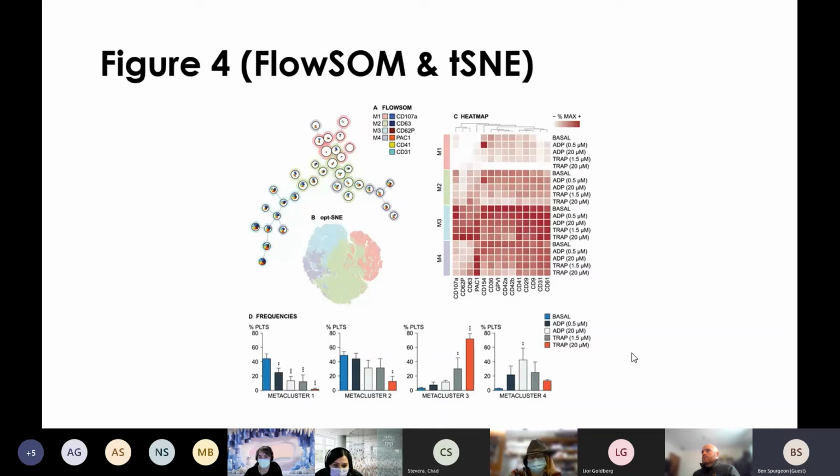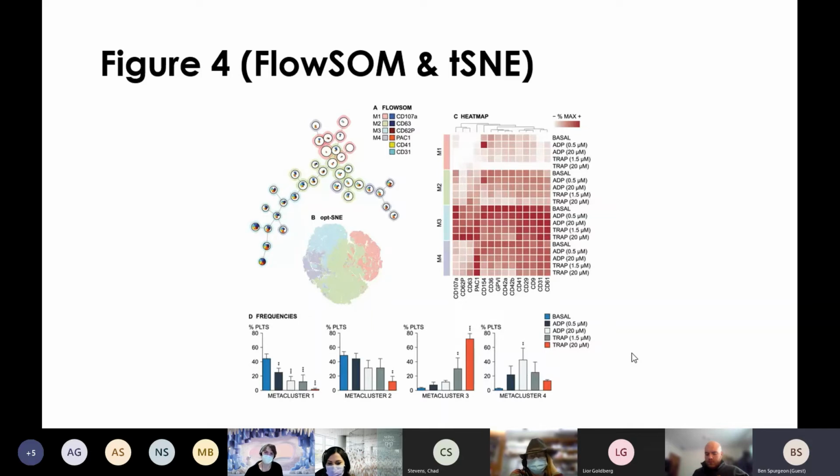And not surprisingly, this metacluster was highest in the basal samples, where you would expect platelet activation to be low. By contrast, metacluster 3 was high for the expression of activation markers, and this metacluster was highest in samples treated with the strong agonist TRAP, which makes sense.